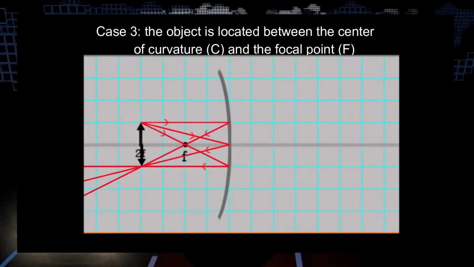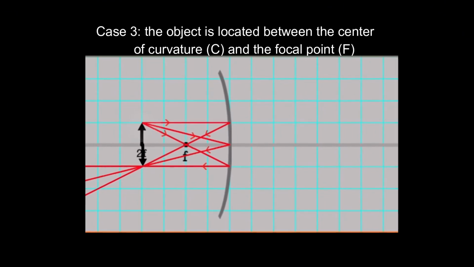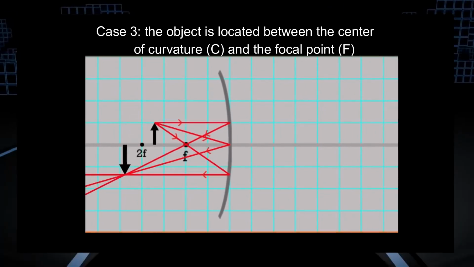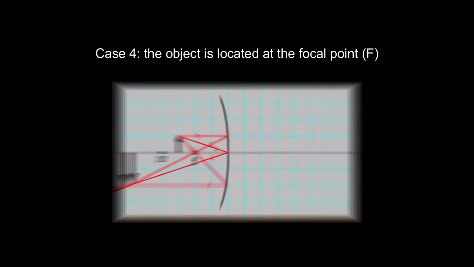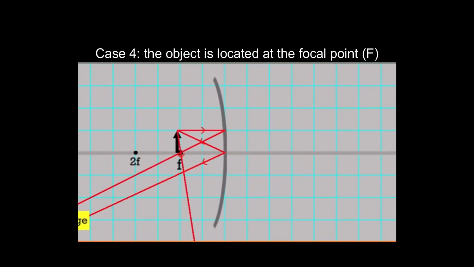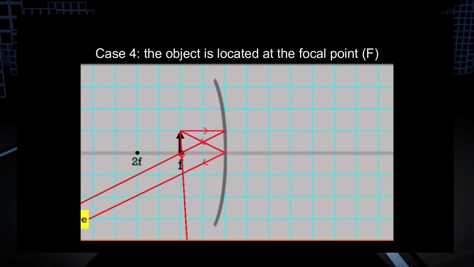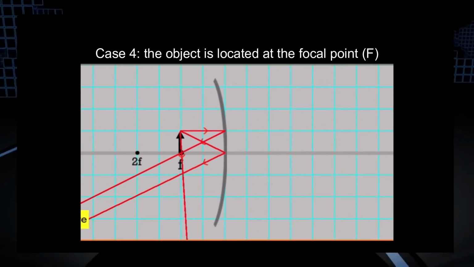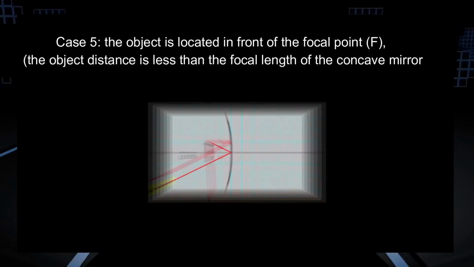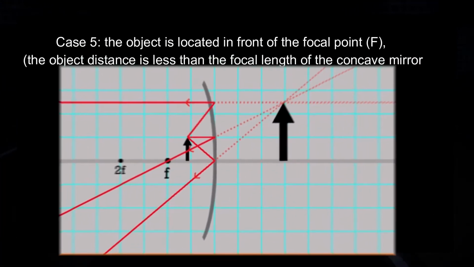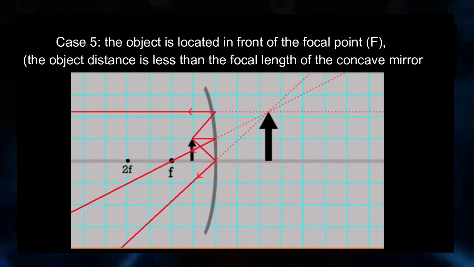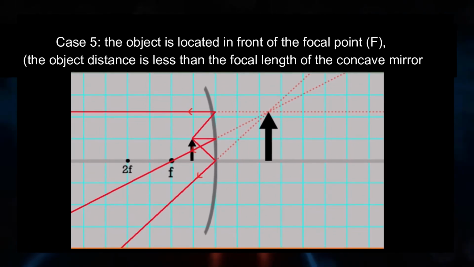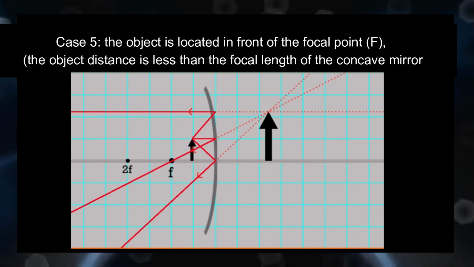The object is located between the center of curvature and the focal point. Case 4. The object is located at the focal point. Case 5. The object is located in front of the focal point. The object distance is less than the focal length of the concave mirror.